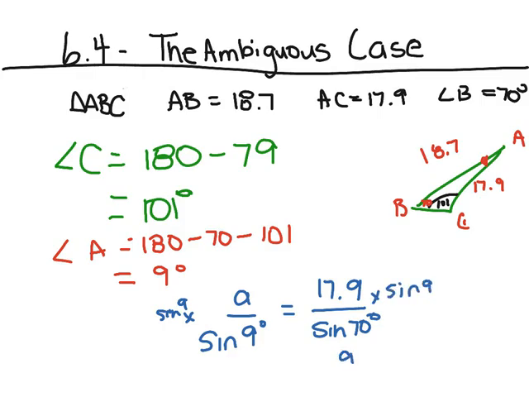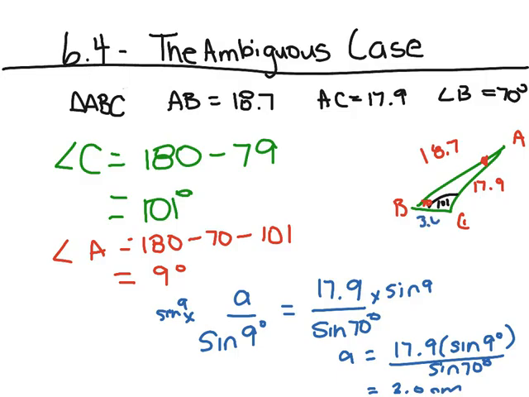So we get A is equal to 17.9 times sine of 9 degrees divided by the sine of 70 degrees. And to 1 decimal point, you get 3.0 centimeters. So we know this side is 3.0. So those are the two different triangles that we have.